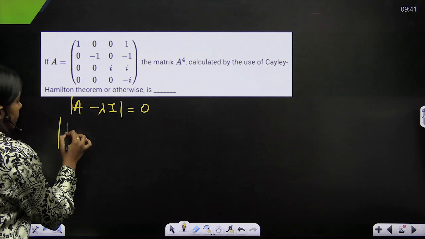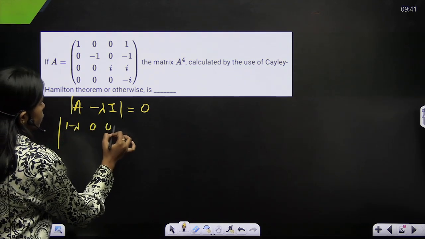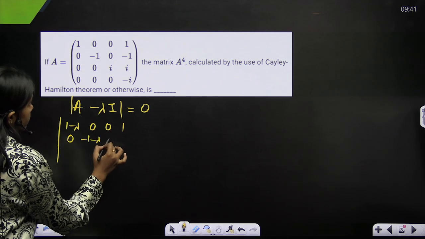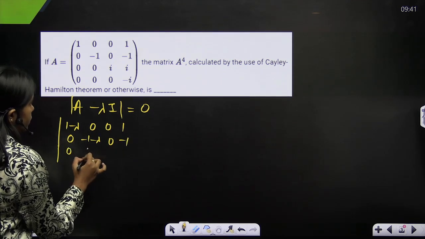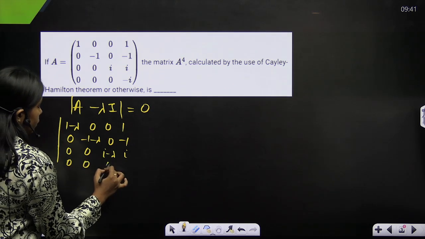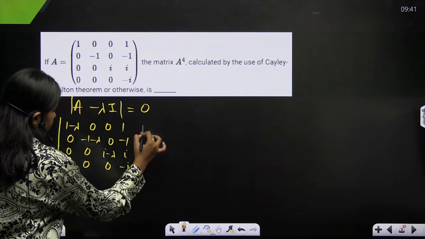So what would I get? The matrix with rows: 1 minus lambda, 0, 0, 1; 0, minus 1 minus lambda, 0, minus 1; 0, 0, i minus lambda, i; 0, 0, 0, minus i minus lambda; equals 0.